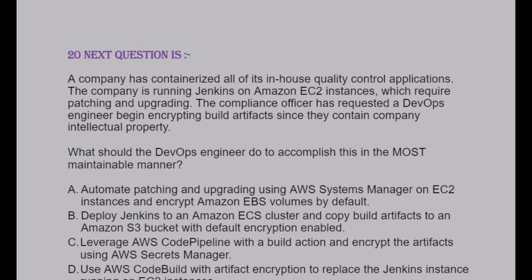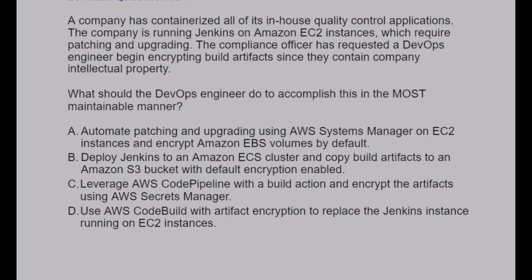Option A. Automate patching and upgrading using AWS Systems Manager on EC2 instances and encrypt Amazon EBS volumes by default. Option B. Deploy Jenkins to an Amazon ECS cluster and copy build artifacts to an Amazon S3 bucket with default encryption enabled.